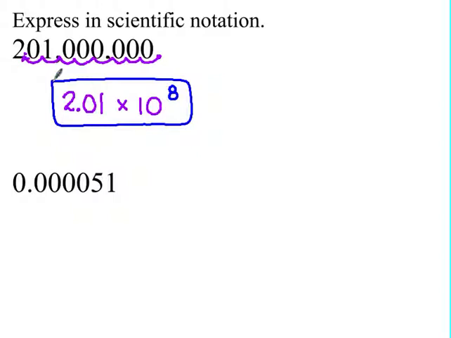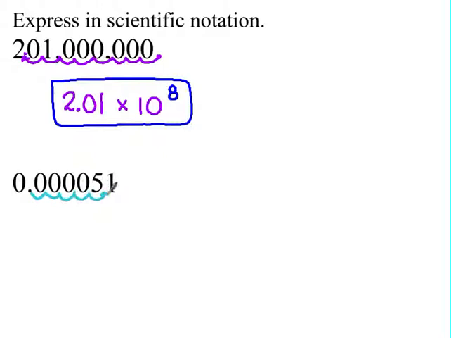All right, let's look at the next one. 0.0000. So a decimal point, 4 zeros, and then 5 and 1. So let's go ahead and move this. Am I between 1 and 10 yet? Where do I have to move it?